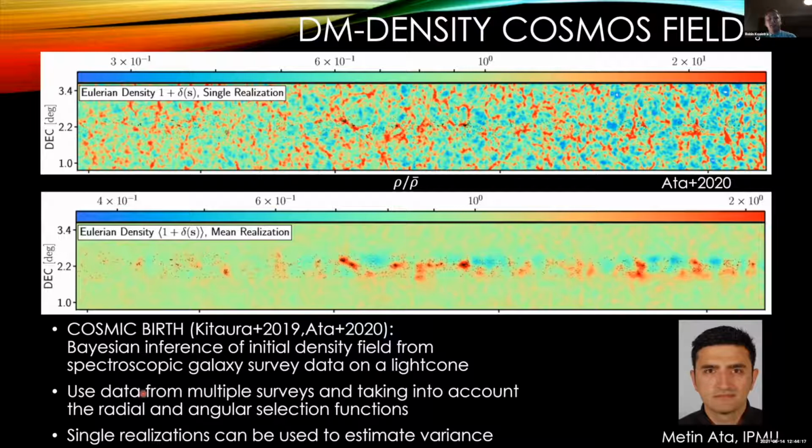You can take into account the radial and angular selection functions of each of the surveys. If you take the mean of all the realizations, then where you have data, you start recovering all these major structures, the proto-clusters. Outside of the survey area, it all equals out to the cosmic mean density. And since you have many different realizations that produce the same structures, you can use the single realizations to estimate some variance on this map.